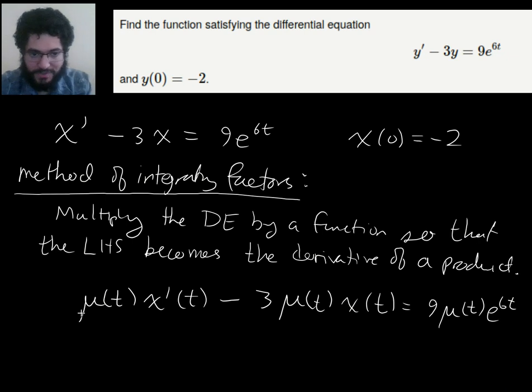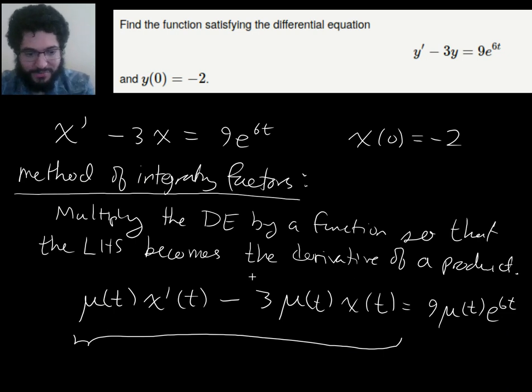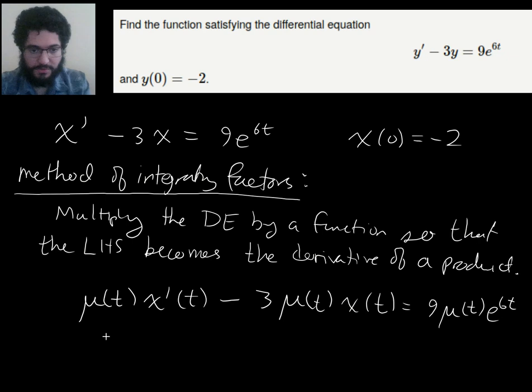Okay, so why have I introduced this new additional unknown function? How can this help? What I'm going to do is search for what conditions make it so that this left side becomes a derivative that was obtained using the product rule. So here I've got mu of t times x prime of t.